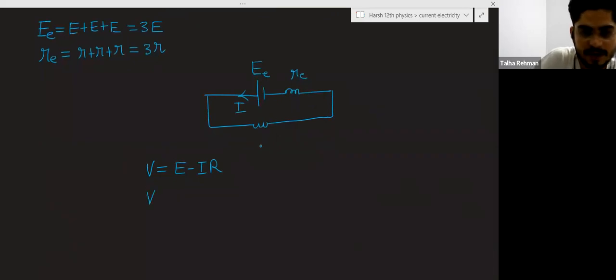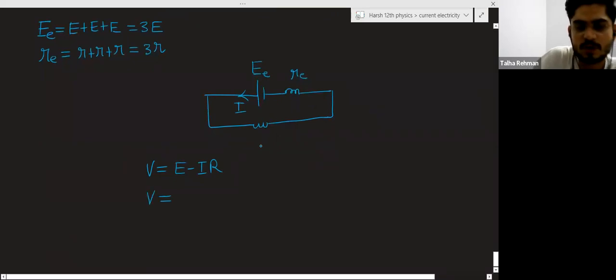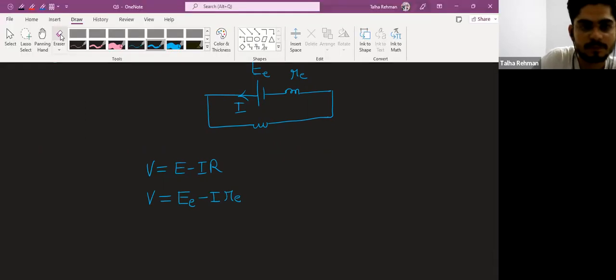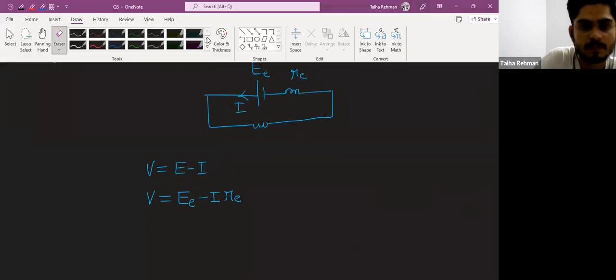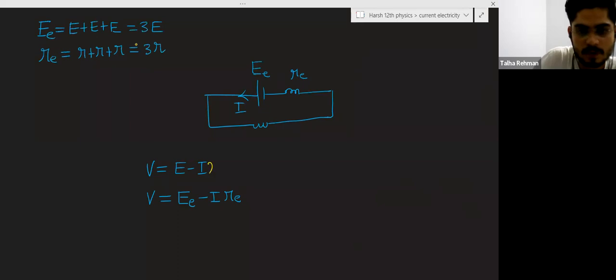So here you can write V is equal to, instead of E, E equivalent minus I into small r equivalent. Now this is our equation.